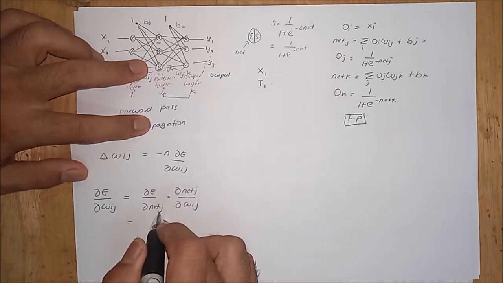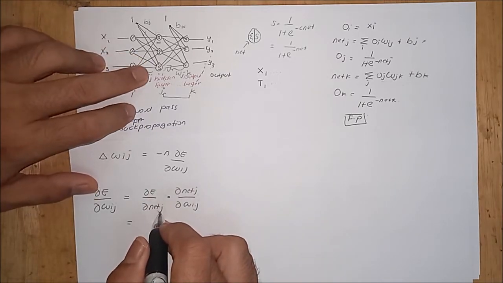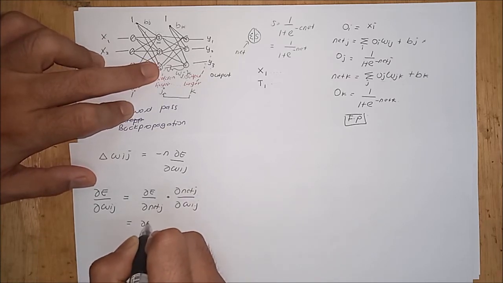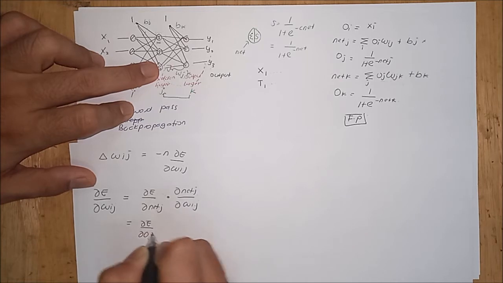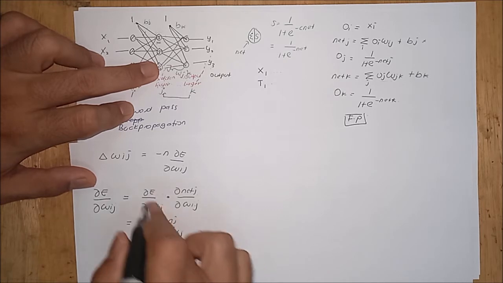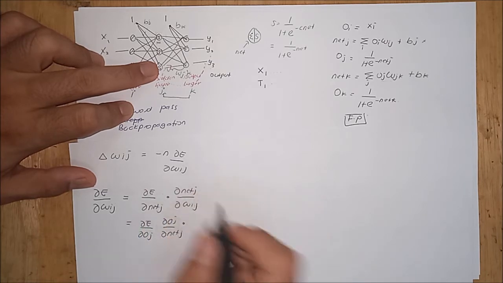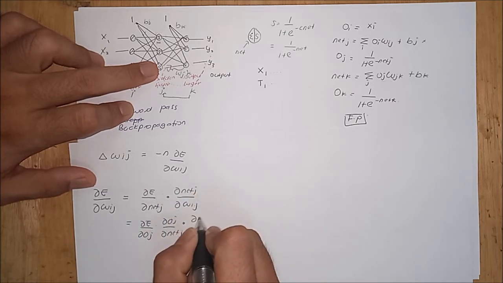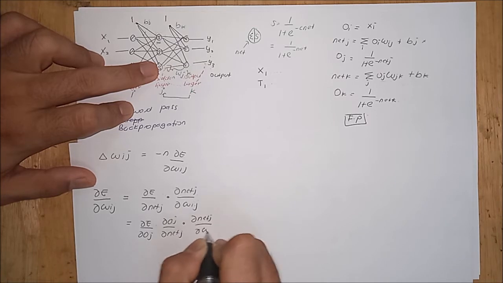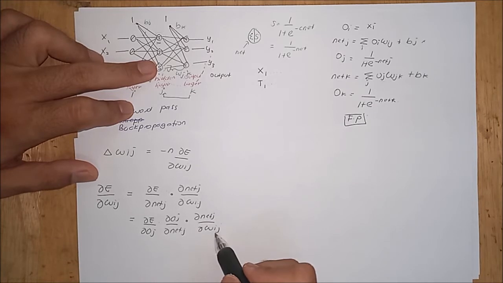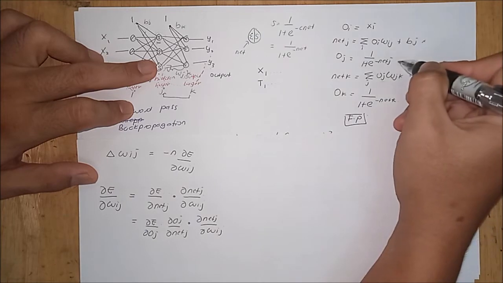For the oj layer, first you meet net j, then oj, so we expand using dE over doj times doj over d net j. We multiply by the latter part, d net j over dWij. doj over d net j, you can find from this equation.